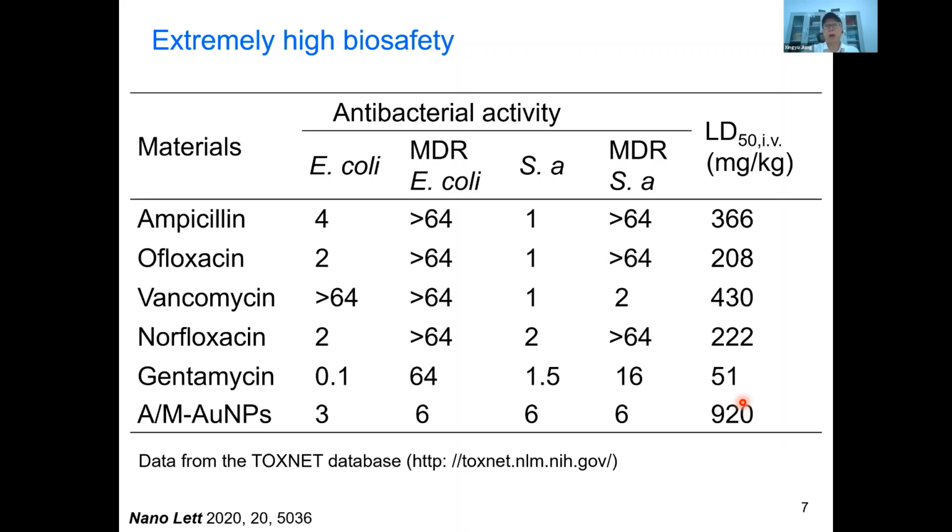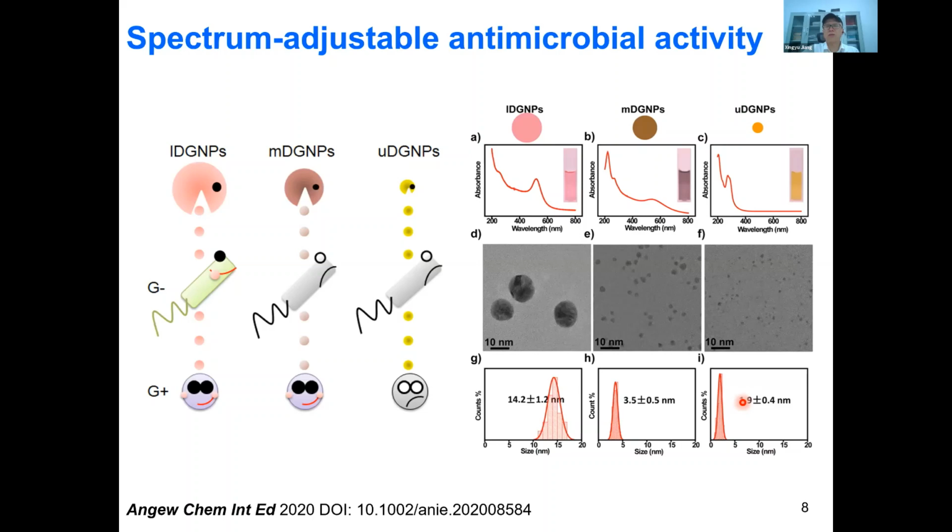So another parameter that can obviously be adjusted with gold nanoparticles is their size. We can synthesize gold nanoparticles of different sizes very easily. So here we again used the DAPT-terminated gold nanoparticle, and we synthesized nanoparticles that have very different sizes.